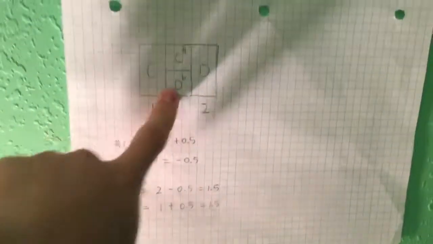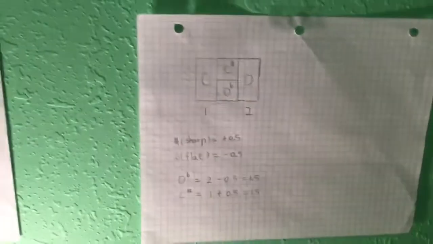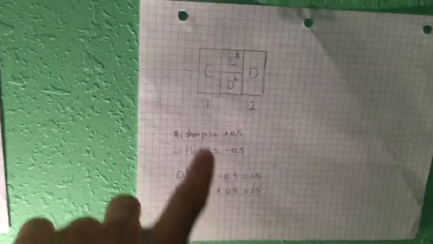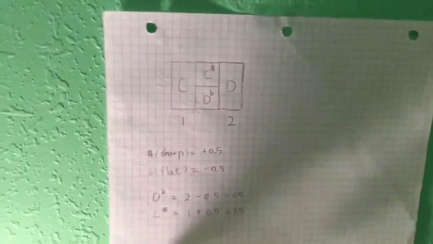Okay guys, if you still struggle with why C sharp and D flat are the same thing, here's some math for you to look at. Consider C as 1 and D as 2, and consider sharp as plus 0.5 and flat as minus 0.5.